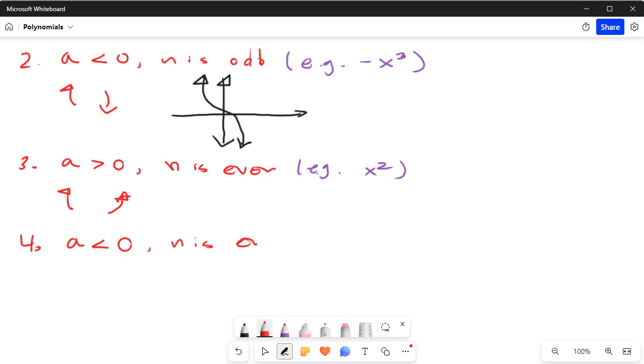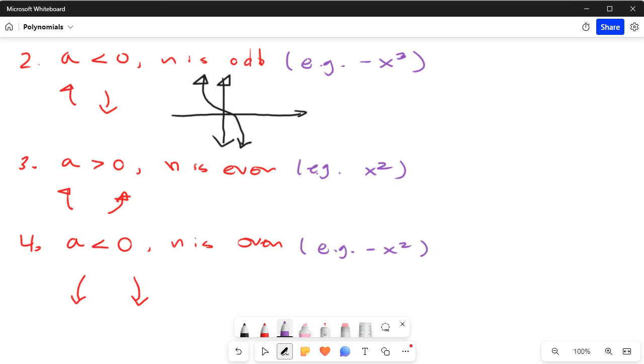Now similarly, if we were to look at where the constant is negative, and n is even, well, in this case, the end behavior is completely opposite, because it's going to be falling to the left, and it's going to be falling to the right. The easiest one to think of is basically just negative x squared.